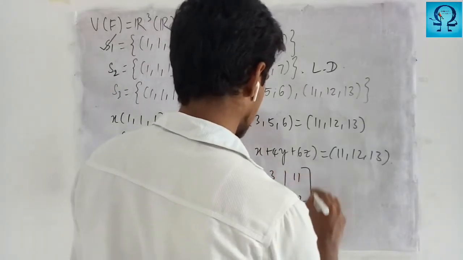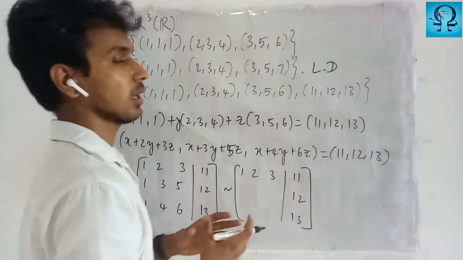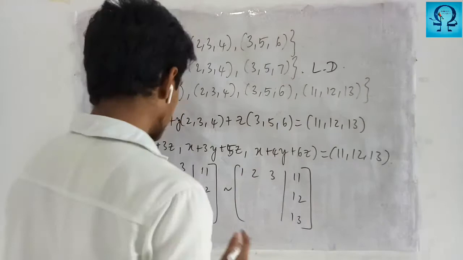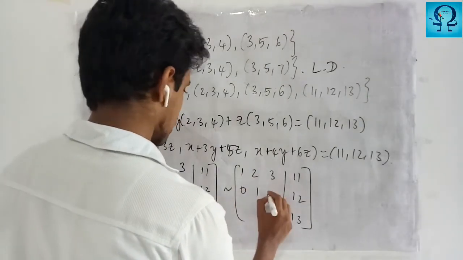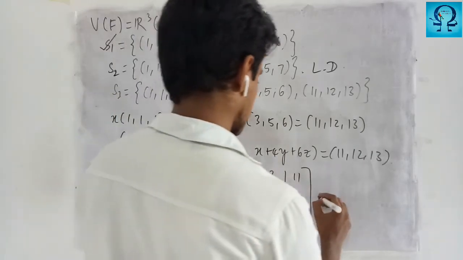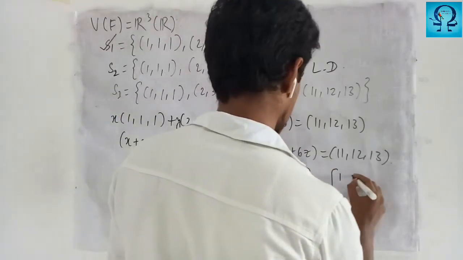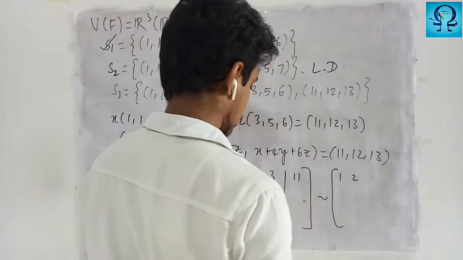What I am actually doing here is trying to find the solution of the given system using the rank method, and hope you people have studied the rank method in school.